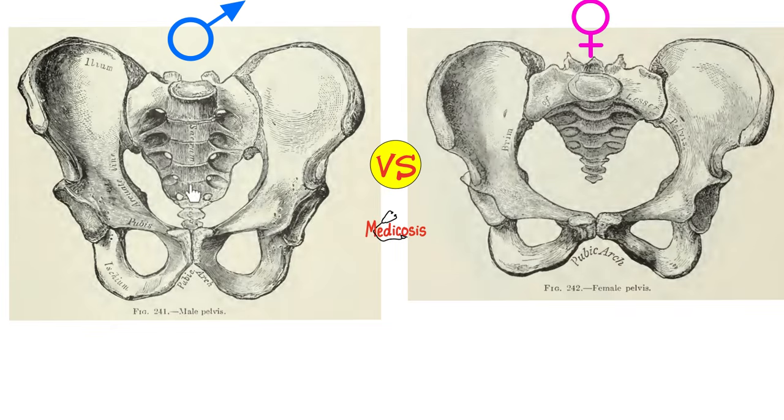The pelvic surface, or the anterior surface of the sacrum, is more curved in males and less curved in females. When you compare the body of S1 to the entire base of the sacrum, in males it's about 1/3, but in females it's about 1/4, this diameter to this diameter as a ratio. This one divided by this one.